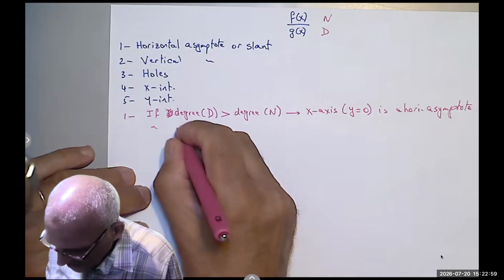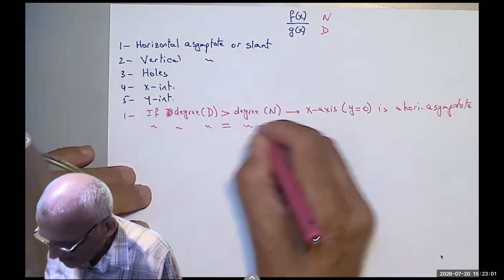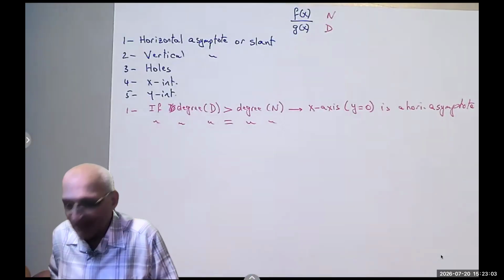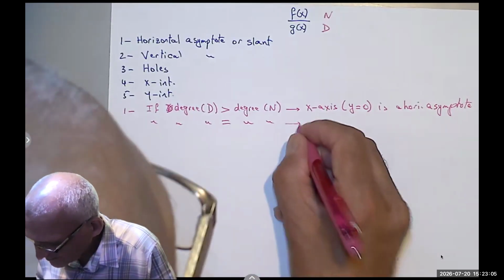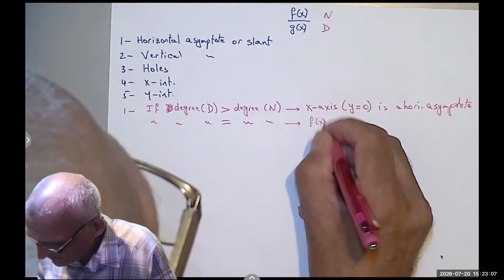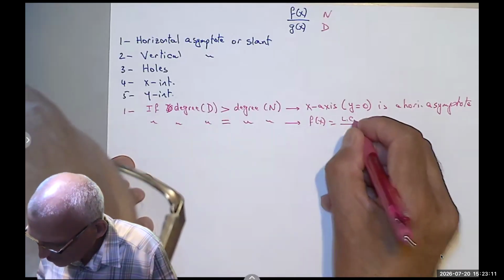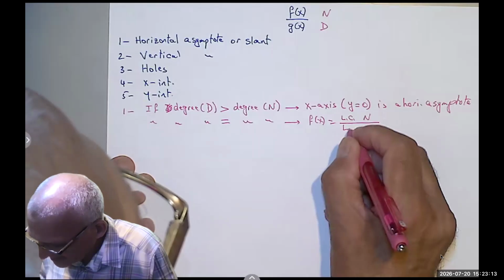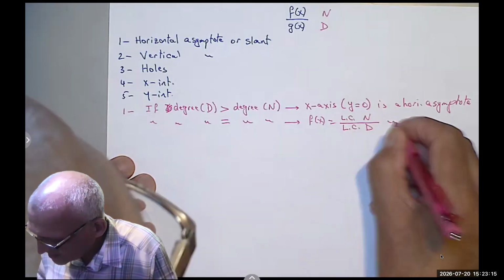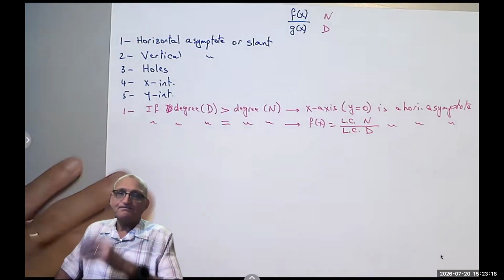What if the degree of the denominator equals the degree of the numerator? In that case, y equals the leading coefficient of the numerator divided by the leading coefficient of the denominator is a horizontal asymptote.